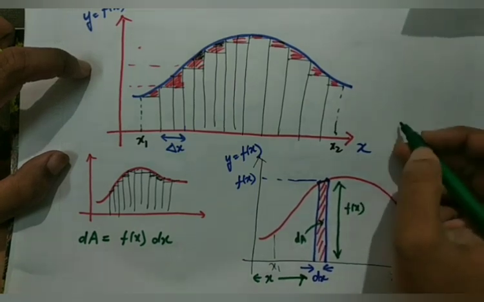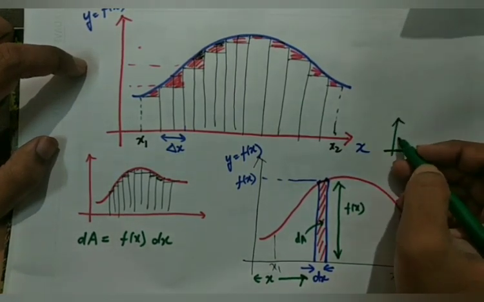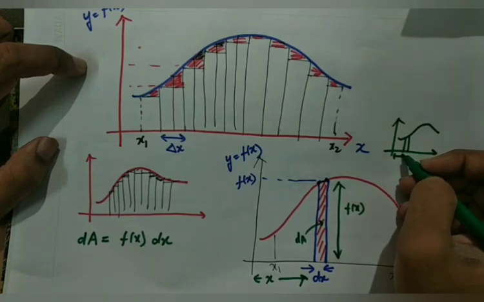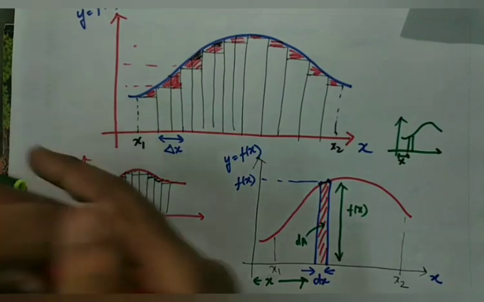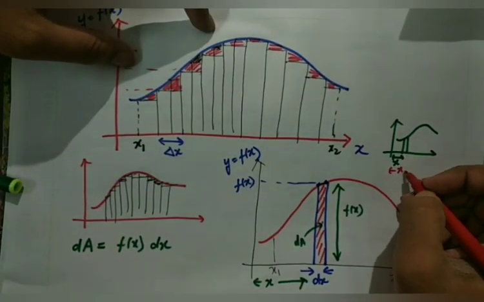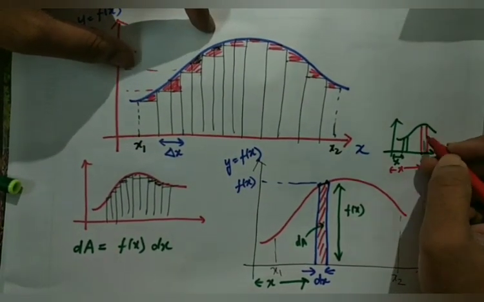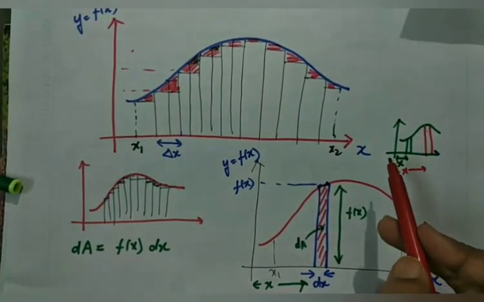We are changing x like this. As we increase x, we'll get the triangle here. Now we are traversing x from x1 to x2.